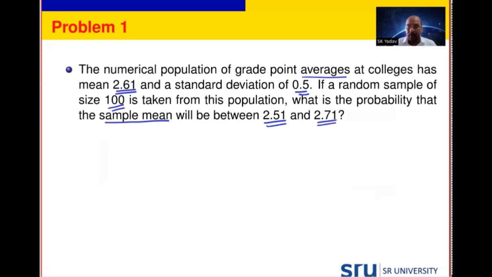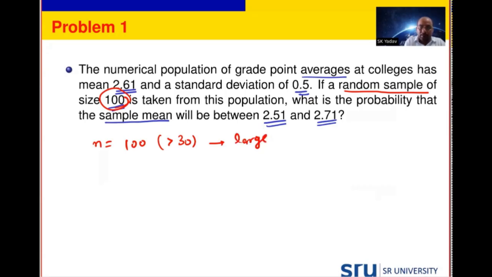So you can see here at no place it is given that the population is normal. But what is given is a sample of size 100, so n is equal to 100, which is greater than 30 actually, and this means a large sample is given.